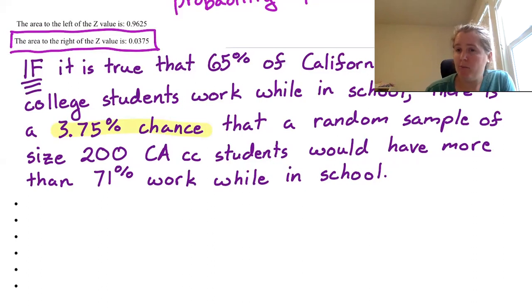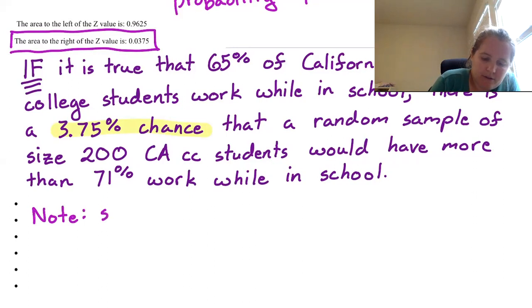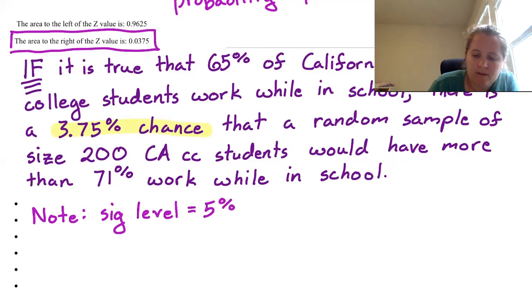So we put 5% as our cutoff for surprising. So note our significance level equals 5% is our cutoff for surprising.